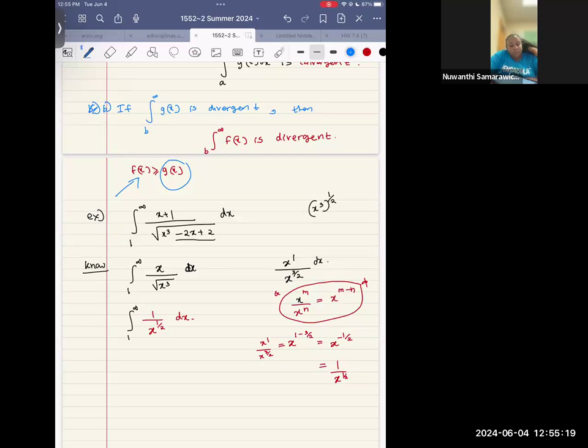Then can you recall from what we did yesterday? What can we say about this? Is it divergent or convergent? What is the theory that we use to find this? Can you remember?